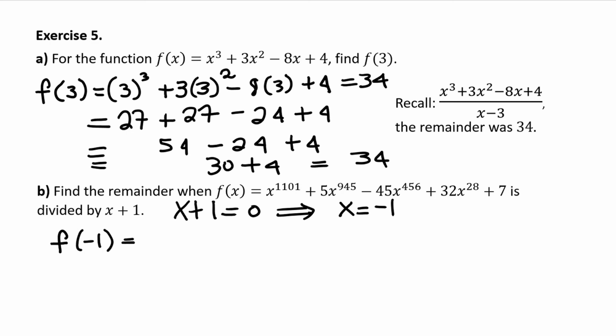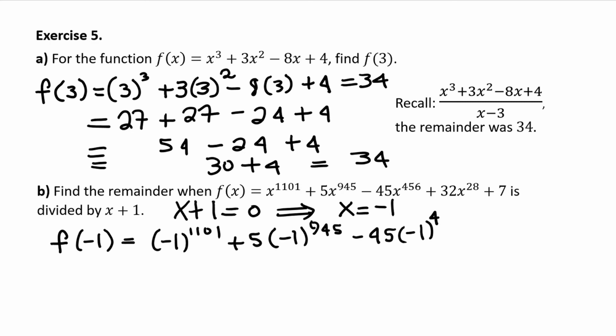So f of -1 is -1 to the power of 1101 plus 5 times -1 to the power of 945 minus 45 times -1 to the power of 456 plus 32 times -1 to the power of 28 plus 7. A negative raised to an odd power is negative.